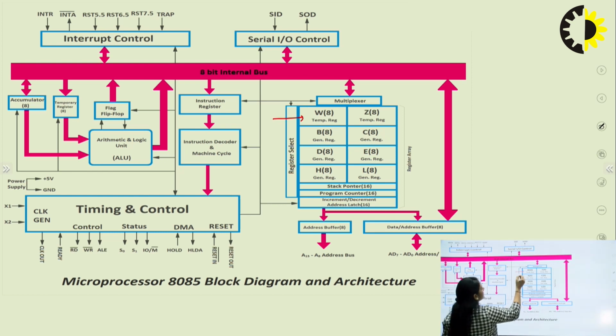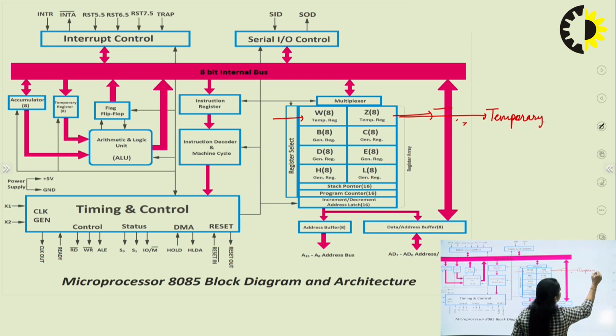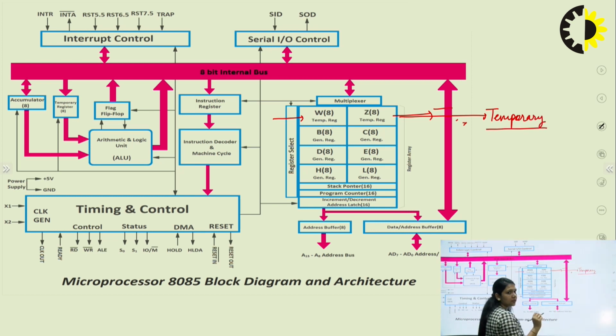There are two registers, W and Z. These two registers are general purpose temporary registers. The microprocessor has two temporary registers, 8-bit each, W and Z. And these 6, which we have discussed just now, B, C, D, E, H and L, these all are 8-bit each. The bracket here denotes the number of bits. So B, general purpose, 8 bits, C also, D, E, H, L.